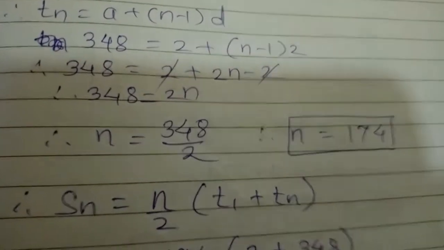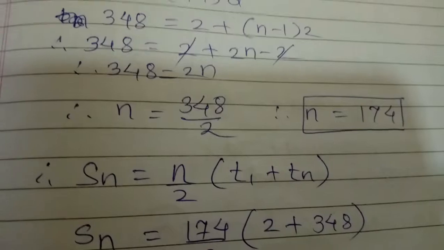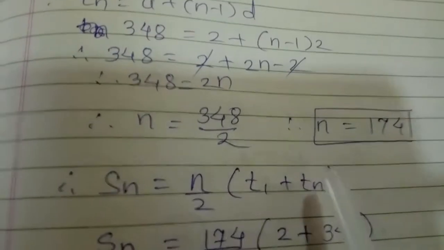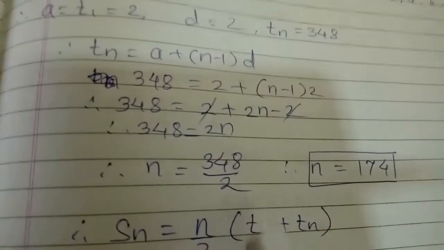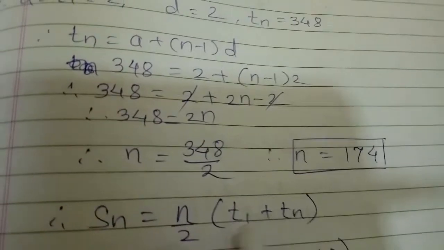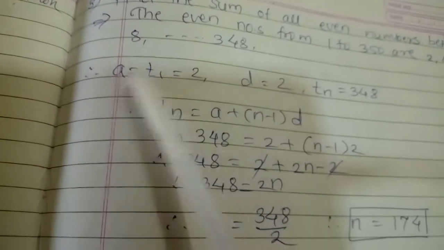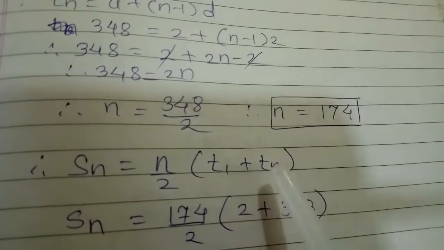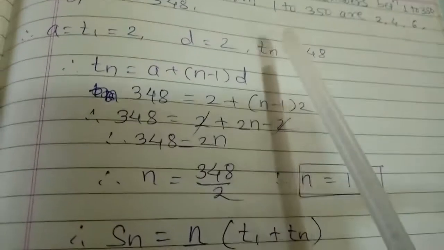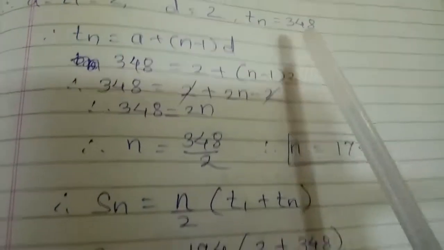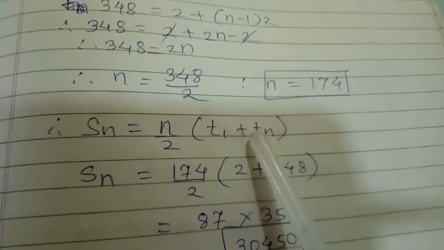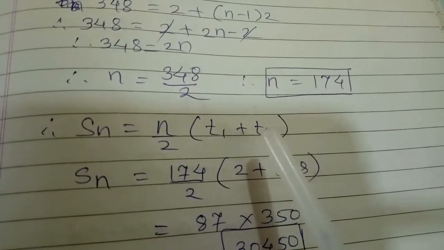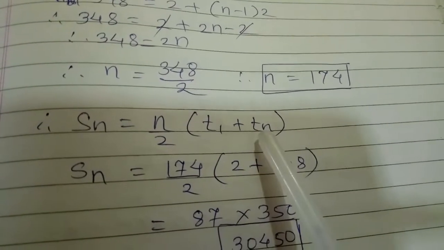Now we can use the formula for the summation, that is Sn is equal to n by 2 in bracket T1 plus Tn. Since we know the Tn as well as T1, T1 is the first term, a. So here we use 2, and Tn is 348, as given in the example. Instead of using the formula n by 2 in bracket 2a plus n minus 1 into d, we can use this formula also.